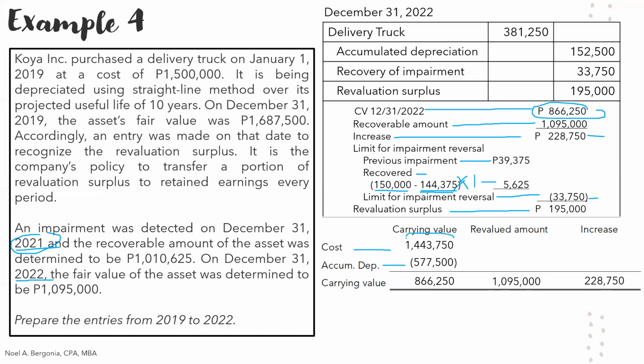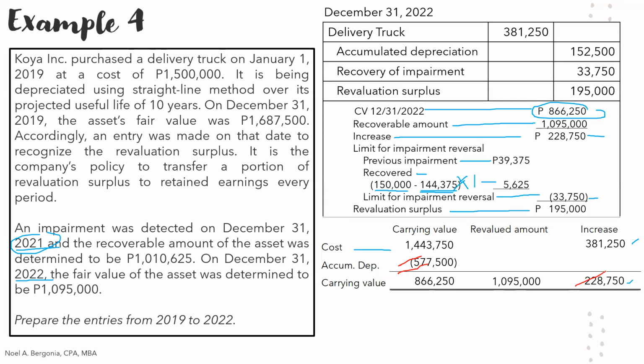We proportionate it, no? So the costs divided by carrying value times the increase. So we have an increase in cost amounting to 381,250. Similar then sa accumulated depreciation. So the accumulated depreciation divided by the carrying value, okay, then multiply it with the increase.